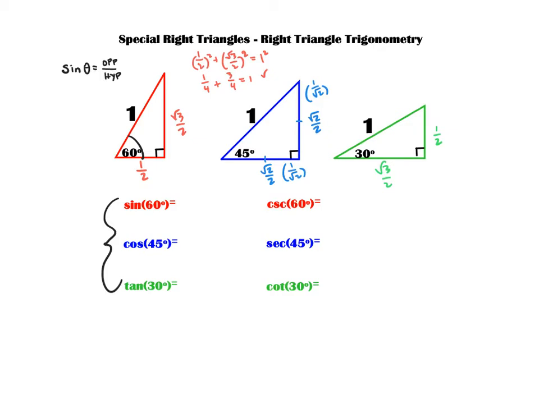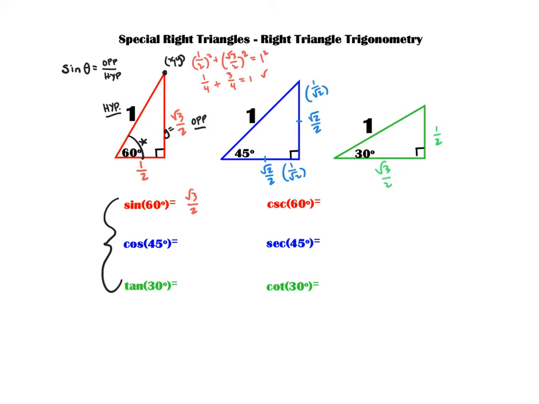If this is our angle, our opposite side would be root 3 over 2, and our hypotenuse would be 1. The nice part about this is the hypotenuse will always be 1. Therefore, in the unit circle, the sine of theta will always end up being our y value. We're considering this will end up being xy, and in this case y will equal root 3 over 2. So the sine of 60 is root 3 over 2.